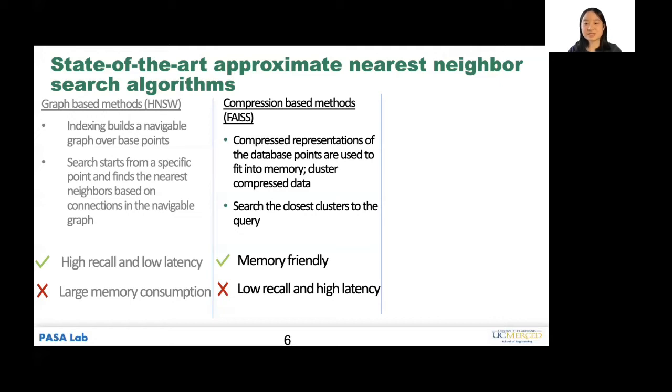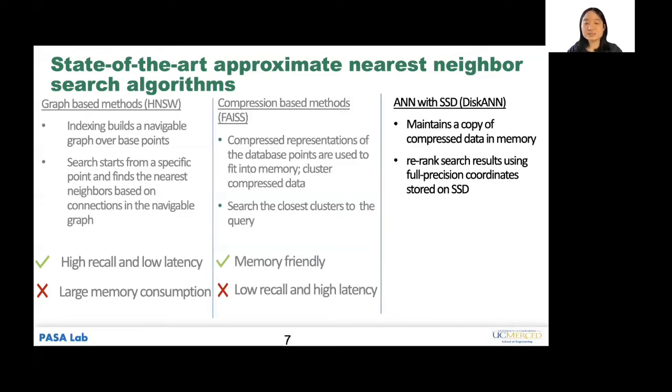However, such methods lead to low search accuracy. The state-of-the-art billion-point nearest neighbor search combines both graph-based and compression-based methods, and it leverages the large capacity of the SSD to store data points and achieves high recall. However, it has high latency due to the expensive SSD access time.